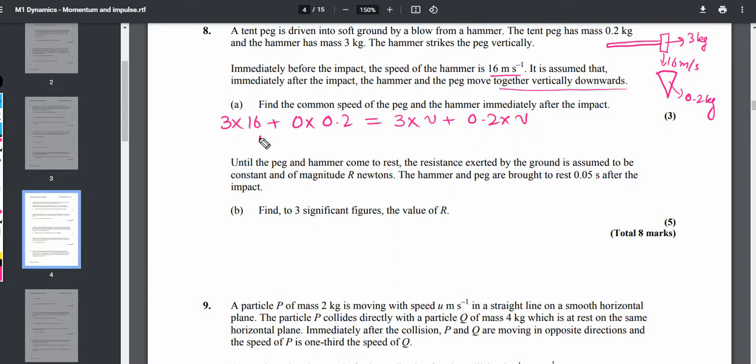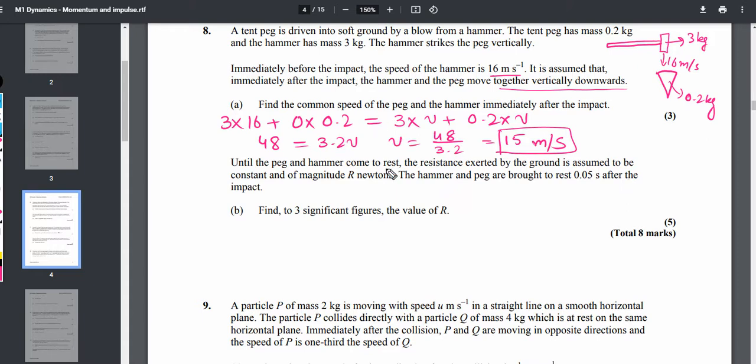On the left side I'll get 48, equals 3v plus 0.2v, which becomes 3.2v. So v equals 48 over 3.2, which is 15. So v is 15 meters per second. This is the common velocity by which both the hammer and the peg will move downwards.